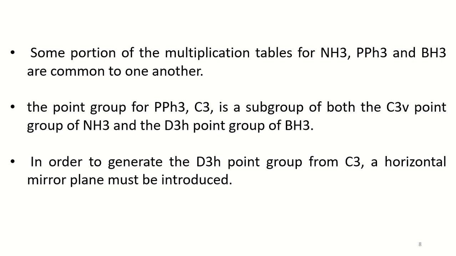This is the case that we have already discussed for the ammonia molecule in detail. We tried to find the complete set of symmetry elements as well as symmetry operations in ammonia, and then we also constructed a multiplication table of ammonia.